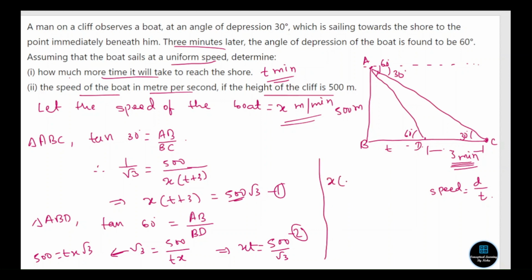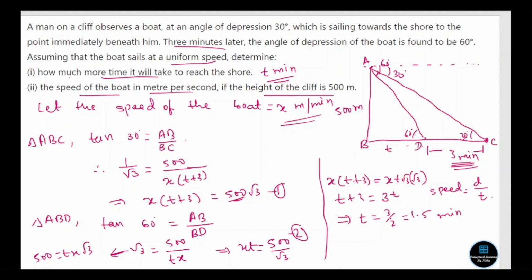So x into (t plus 3) equals xt into root 3 into root 3. Now I can cancel out x on both sides. So we get t plus 3 is equal to 3t, and on solving this I get t is equal to 3 upon 2, which is nothing but 1.5 minutes. That means it took 1.5 minutes more to reach the shore.